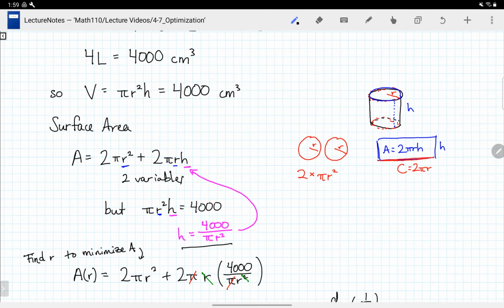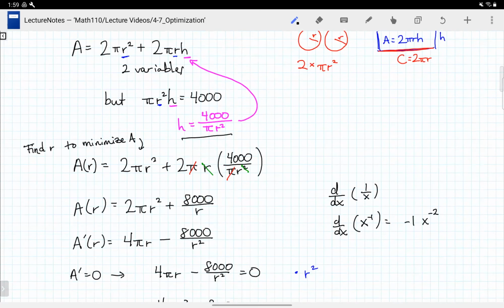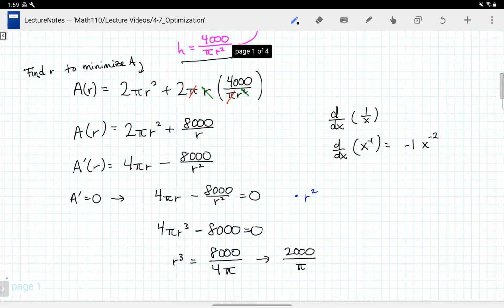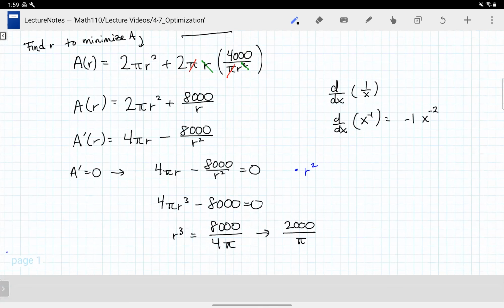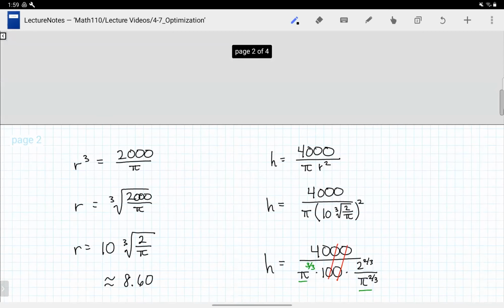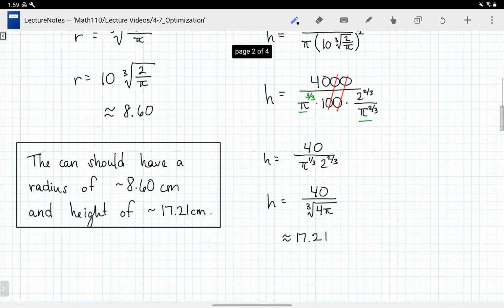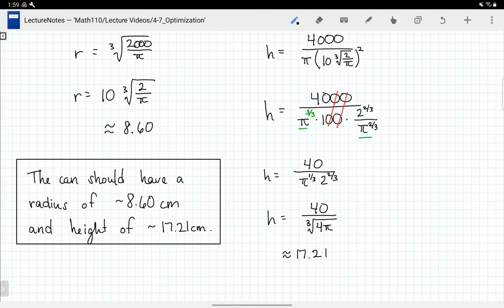And then that allowed us to get one function written with one variable in order to minimize that using the derivative. Worked through that. We actually used technology to double check our algebraic work. And we eventually come through and get the dimensions of the optimal size can in order to minimize the surface area for that volume.